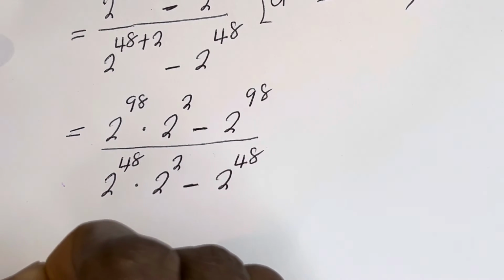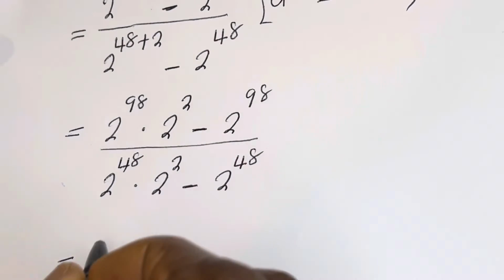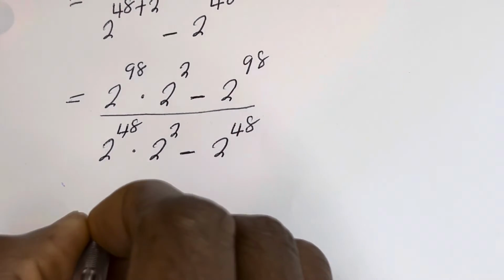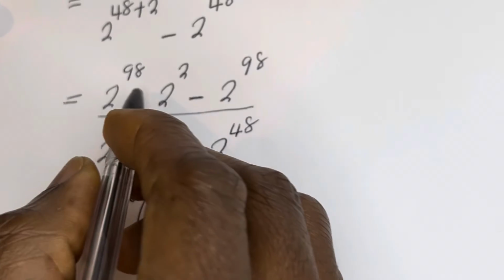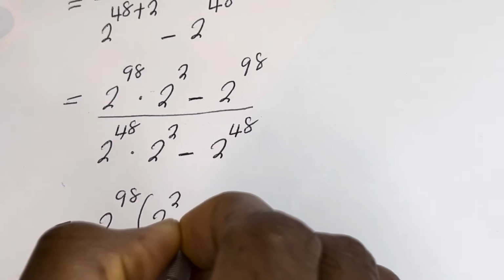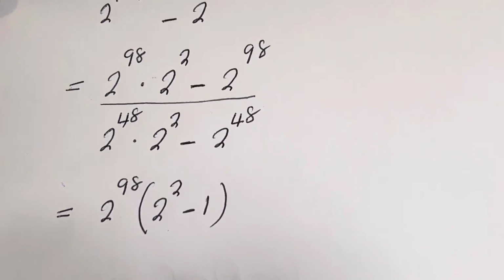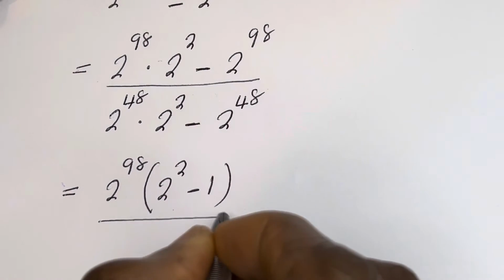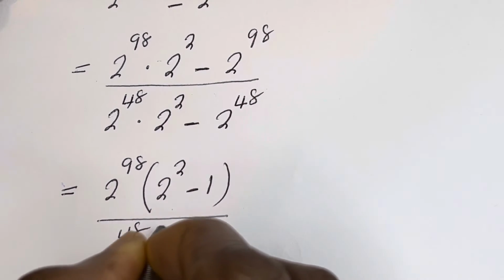Then this is equal to: 2 to the power of 98 is common, let's bring it out. We have 2 to the power of 98 bracket. If you divide this by this, we have 2 squared, minus, if you divide this by this, 1, then divided by 2 to the power of 48, which is common, bracket.